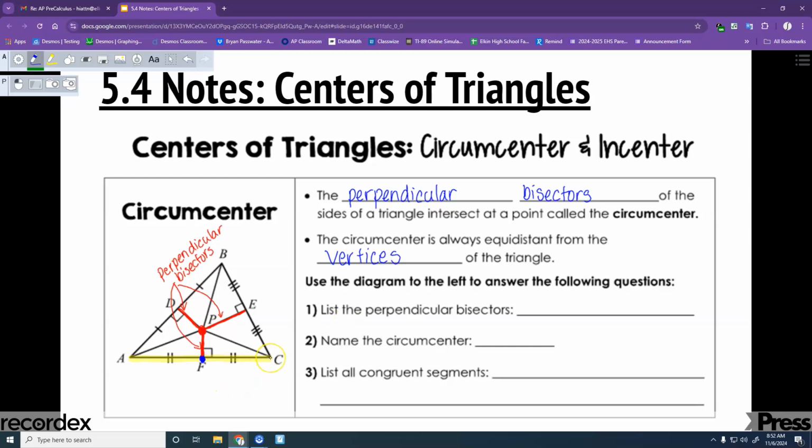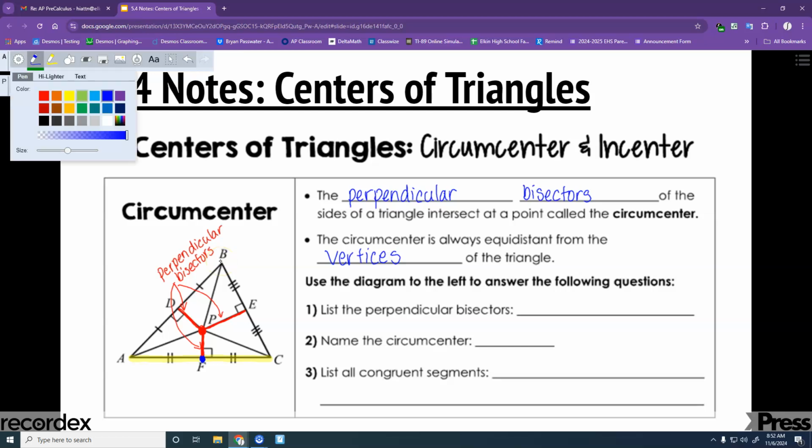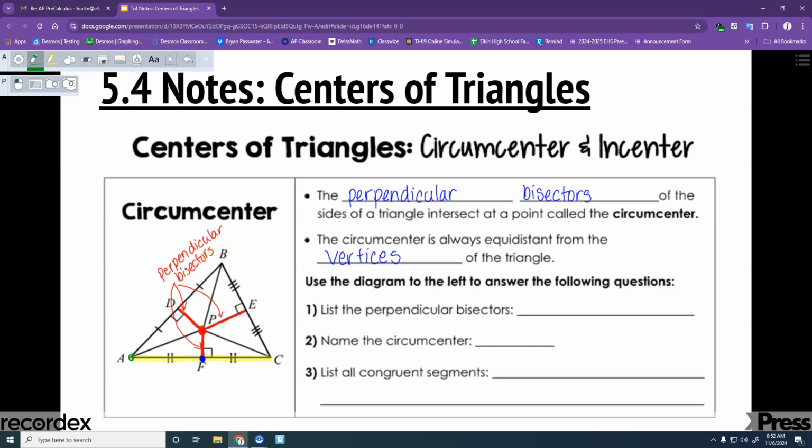C is a vertex. What's another one? A and B. Let's label those as well. Let's use a different color. So A, B, and C are all vertices, or a single one is called a vertex.